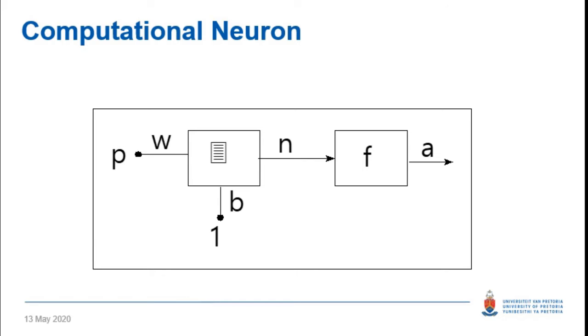That sum that you get is represented by the value n, and this is equivalent to what was transmitted along the axon. So the value n is then input into an activation function, and that's represented by f. That activation function then determines whether that neuron is going to fire or not. Your activation functions can be something as simple as a binary step function, or more complicated like a sigmoid function.